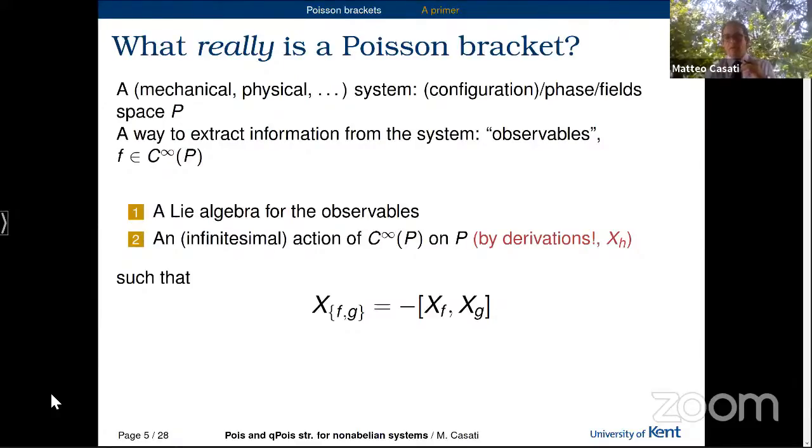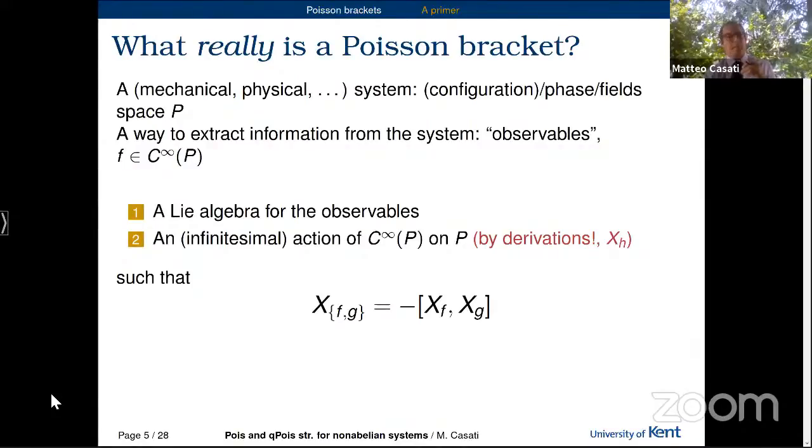Over these two sets, which are related but not the same, we have a Lie algebra for the observables, and an action of the observables on the space by derivation. The first one, of course, is our Poisson bracket.